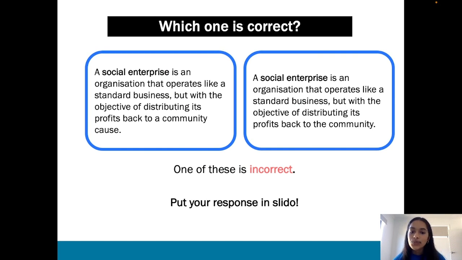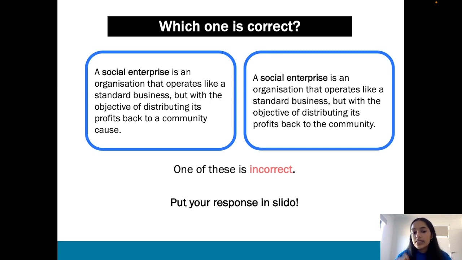So the correct one is the left, because as I sort of outlined before, really important with your definition with social enterprise, that somewhere it needs to mention that it's distributing its profits back to a community cause. So it's not just back to the community, because that's very general. It's back to a community cause.